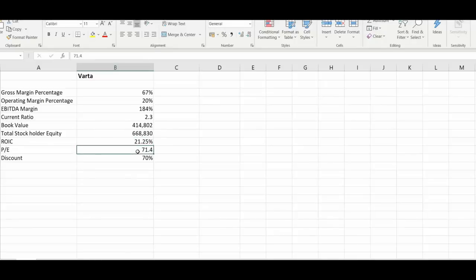Price to earnings ratio is 71.4, and we will come soon to this number, why it's so high and why I still consider this stock, though the price to earnings ratio is really high now.